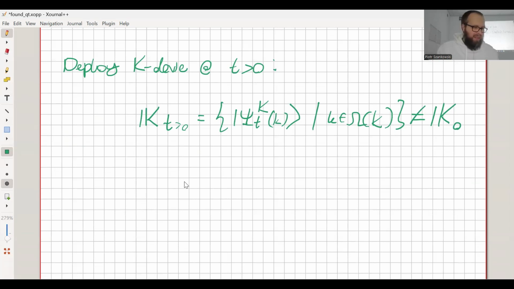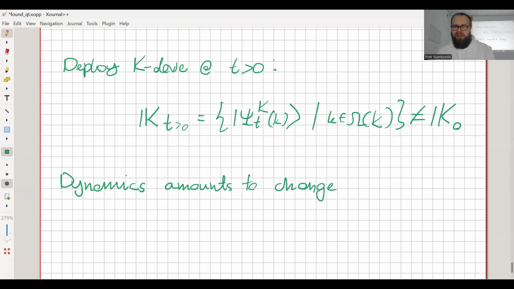So in this construction, this Hilbert space representation, dynamics essentially amounts to a change of basis. Change of basis, right? We are going from basis K0 to Kt.